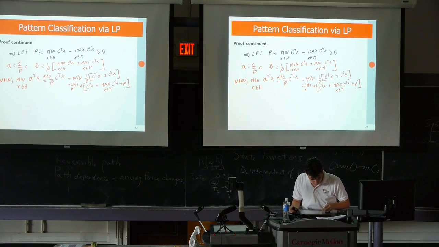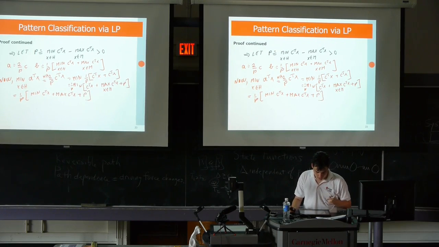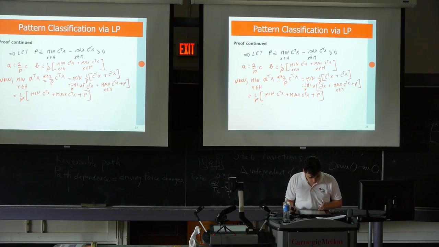Okay, so what we have is that this is 1 over P times the minimum of C transpose X plus the maximum of C transpose X plus P, and now we are in good shape, because what is this thing here?